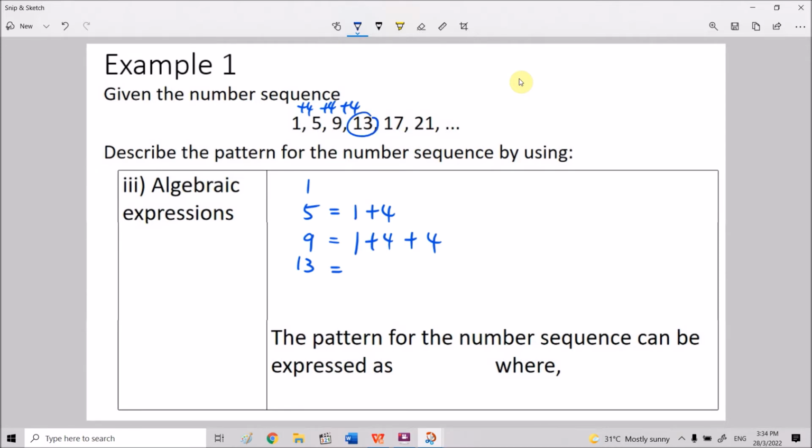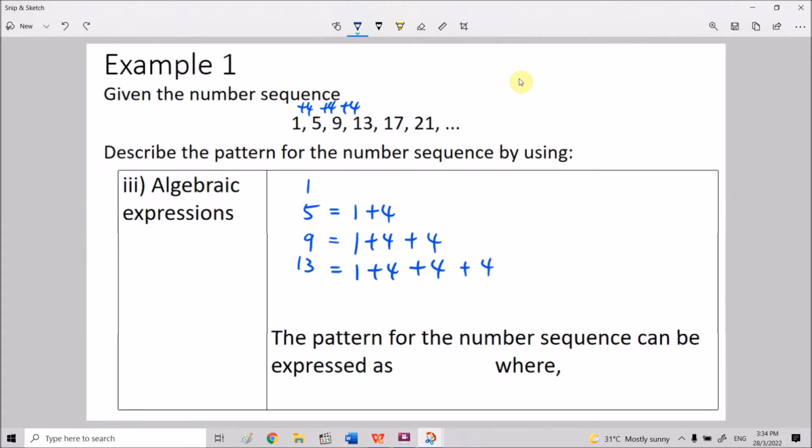We get 13 from 9 plus 4. And from the previous term, 9 is actually 1 plus 4 plus 4, which we are going to substitute into this 9. Now the 9 becomes 1 plus 4 plus 4, plus 4. You can try to add this, you get 13 as well.